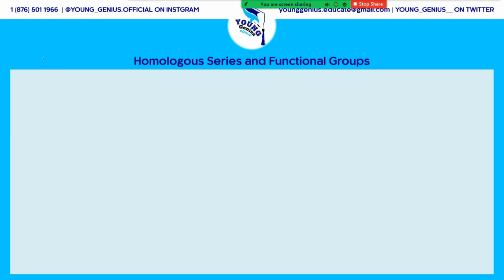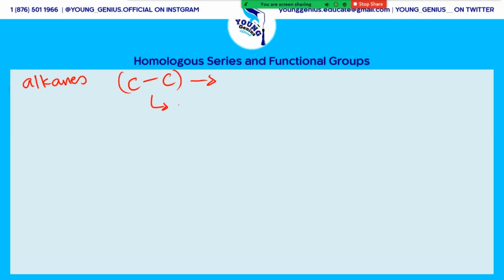So let's say you have the homologous series alkanes, right? And you know that's represented by the C to C single bonds. That's carbon to carbon single bonds. The functional group would be the C to C single bond, while the homologous series would be the alkanes.